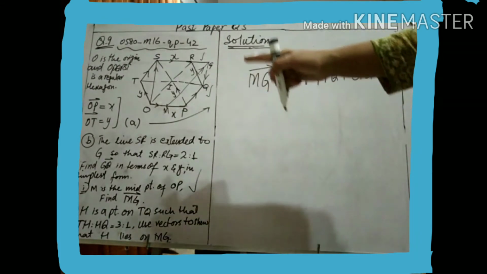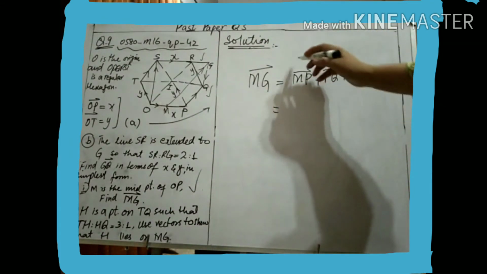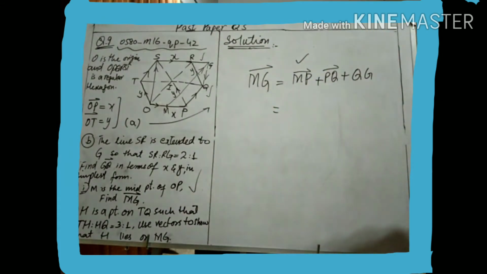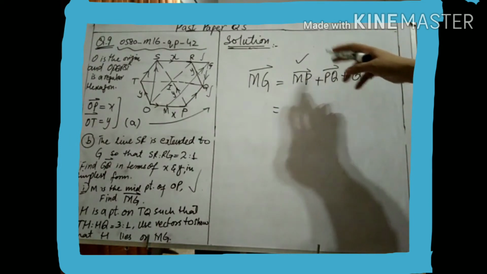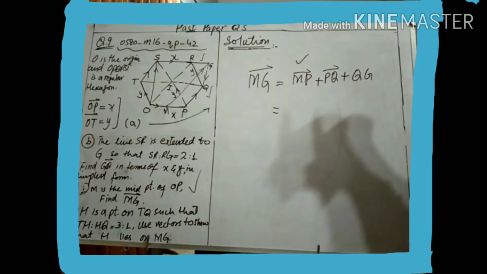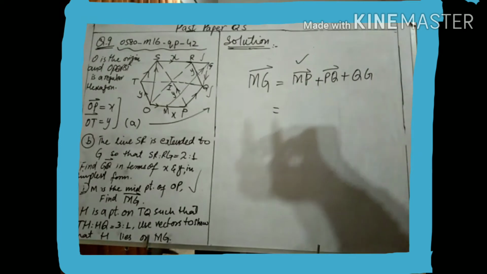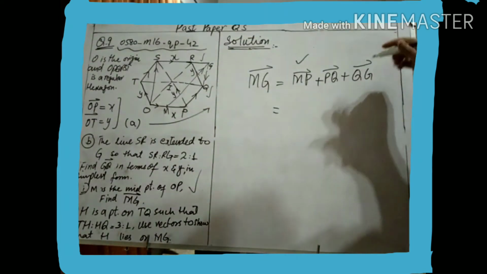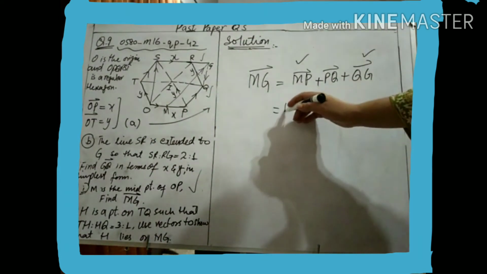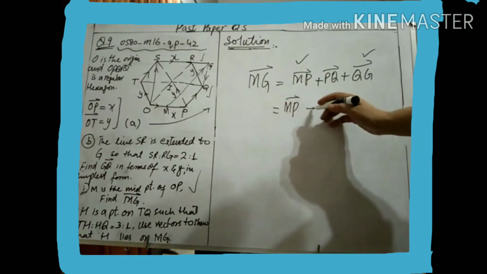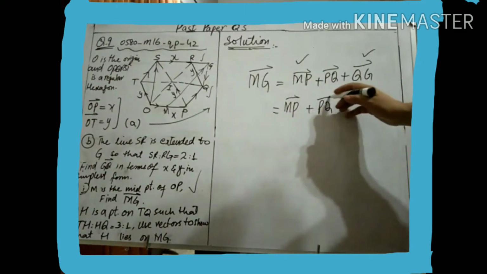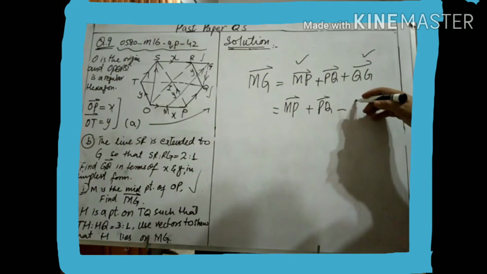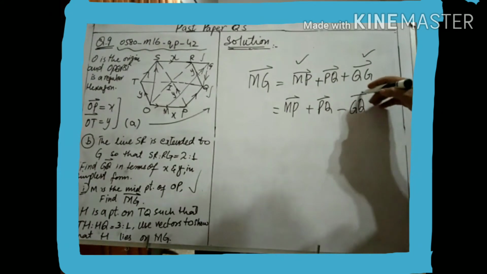MP has the same direction. PQ we know the value of, and QG. This is QG, but we have found GQ. So we will only change the sign of this. MP will be as it is, PQ will be the same, and here we will change the sign and direction.